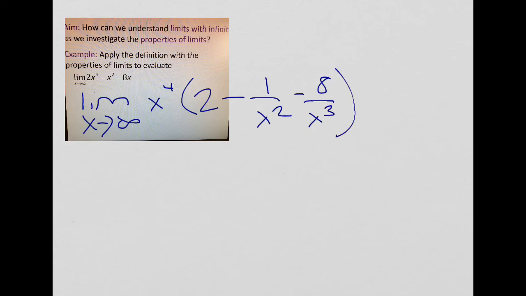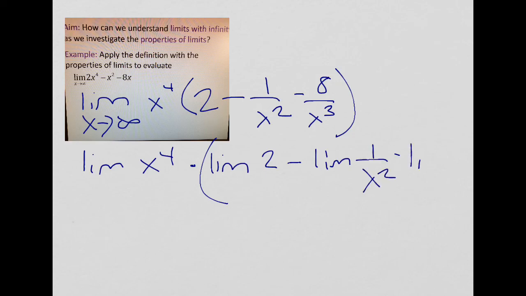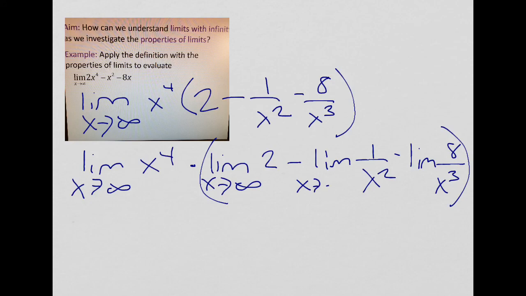So now I'm going to do the limit properties. Perhaps you're going to need more steps than I'm going to show you, and perhaps you know how to do this in one step like I do. If you are unsure of how I'm doing this, then please review that lesson. So taking the limit of the factors and the limits of each term, essentially we're using our product rule and our difference rule.